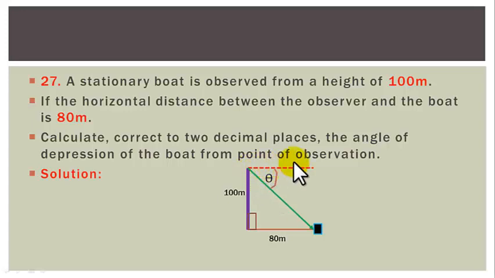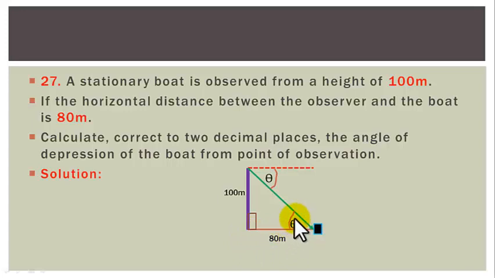Clearly, this line and this line are parallel lines. Hence, this angle is also equal to theta. Reason being that they are alternate angles. This is a right angle triangle. In this triangle, this side is opposite this angle, while this side is the adjacent.